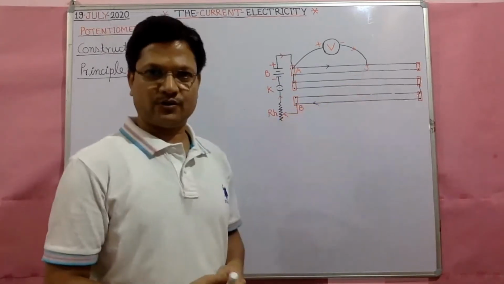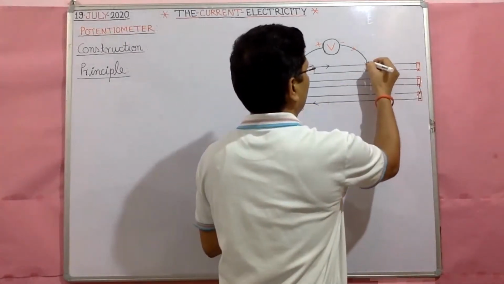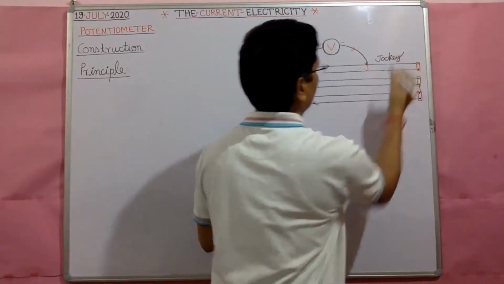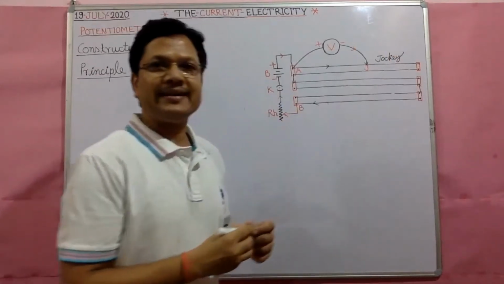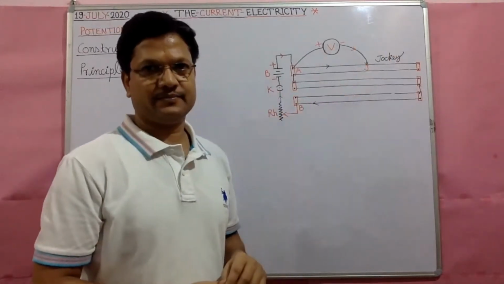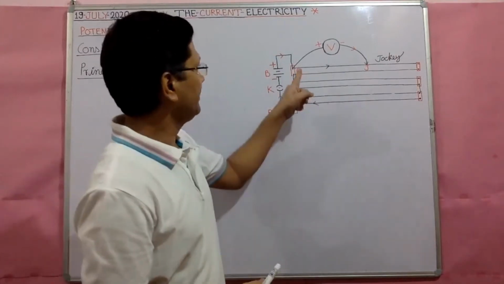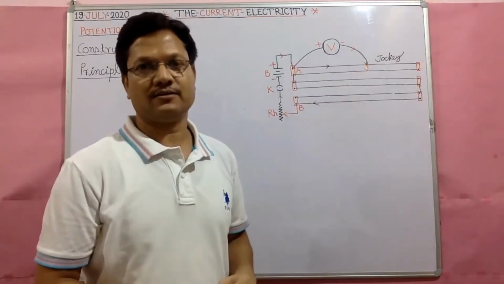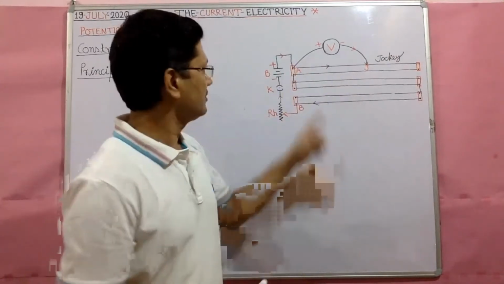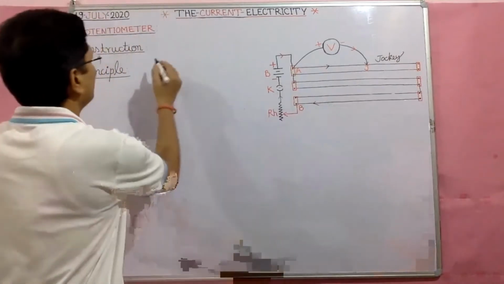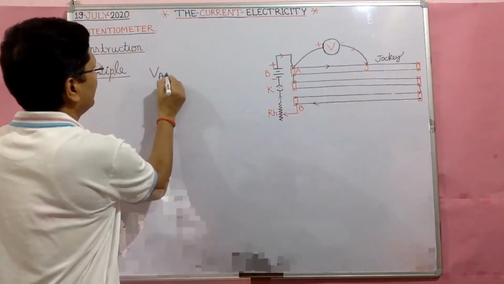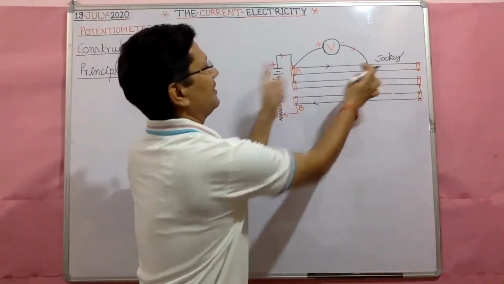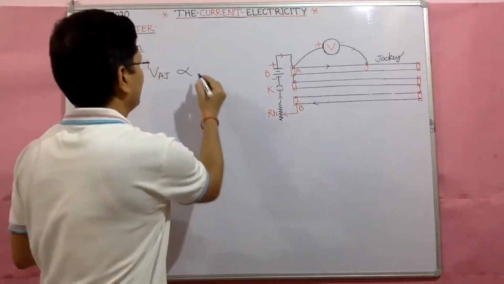This is a jockey, as you know. And we have placed the jockey at point J. It means the potential drop across this length AJ, V_AJ, is directly proportional to that length of the wire.